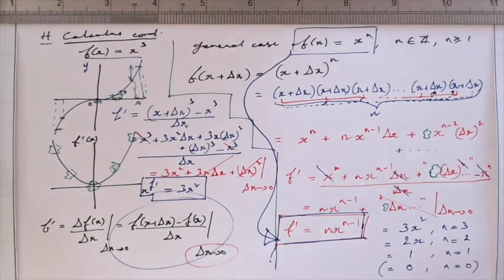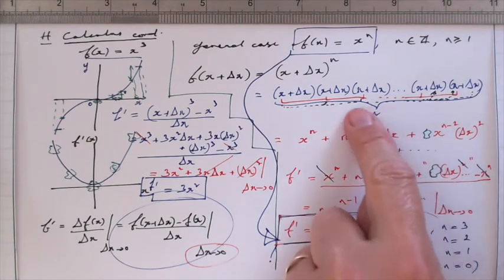Let me just say a couple of words now. I think it's very good to have seen these derivations. I think it's very good to be able to reproduce them if possible, but it gives you a very, very intuitive understanding of calculus, because really the guts of calculus is this term here.